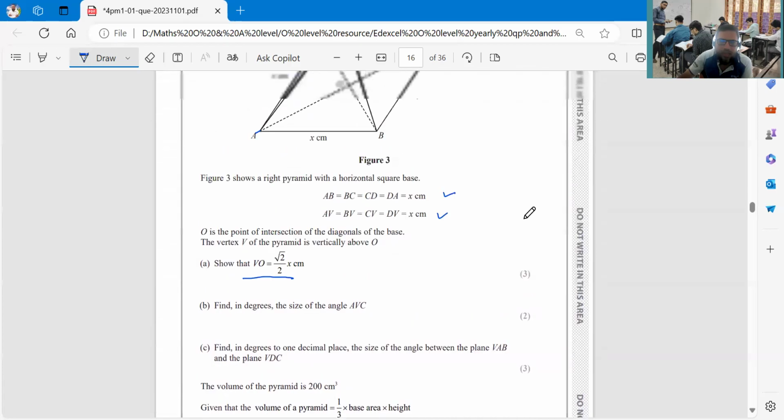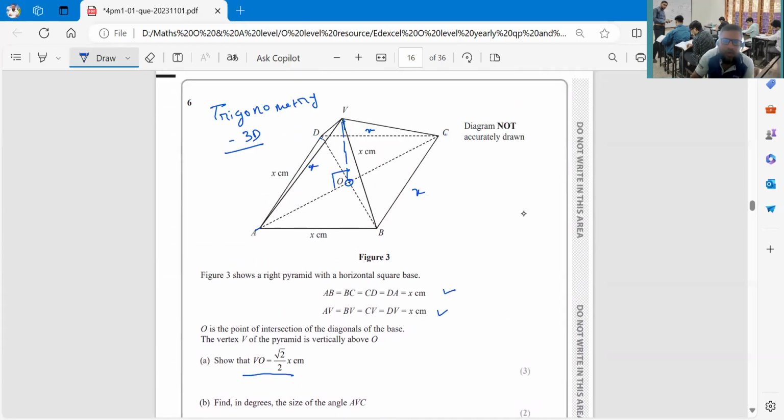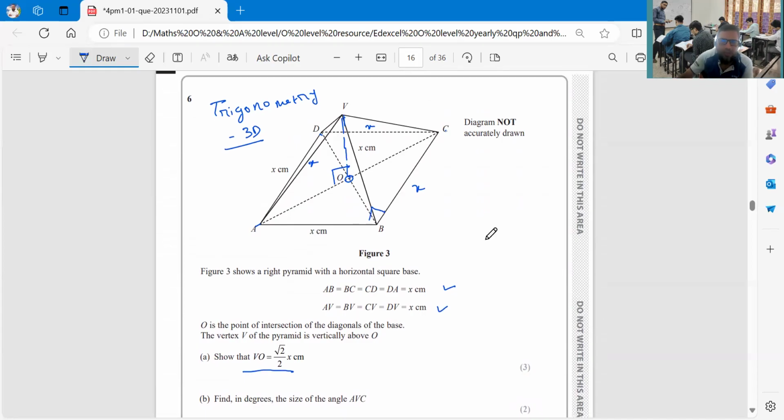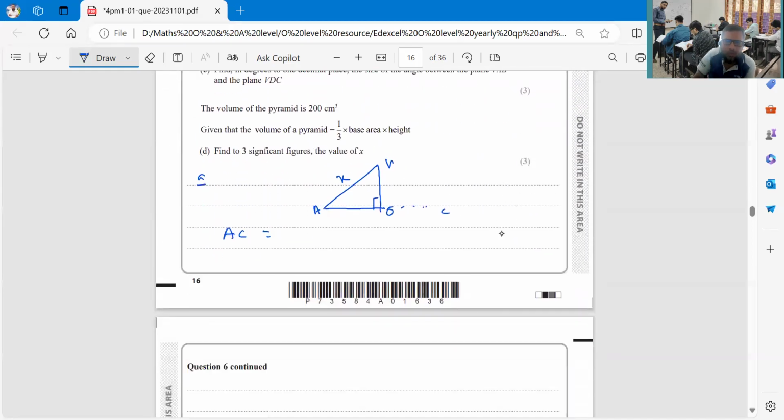Look at the AC here in the diagram. AC is a diagonal, right? This is the diagonal and this one is 90 degrees, so you can use Pythagoras theorem. Draw the square here, ABCD, and this is AC, and this is 90 degrees.